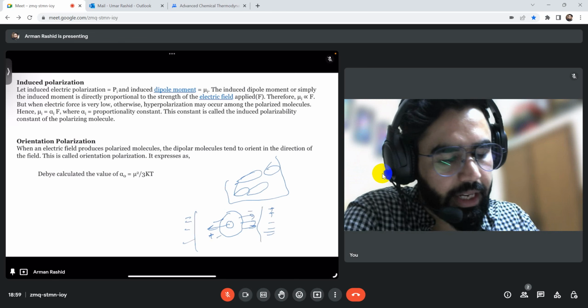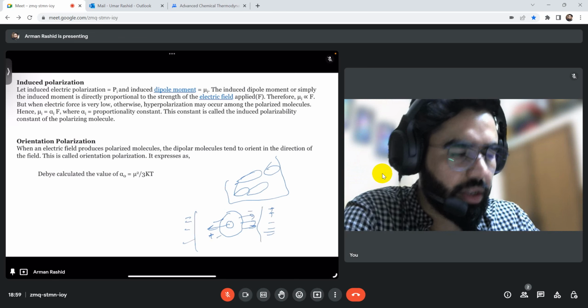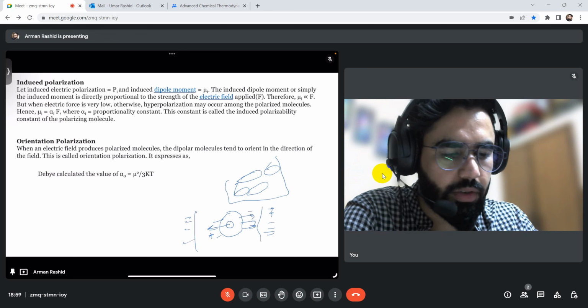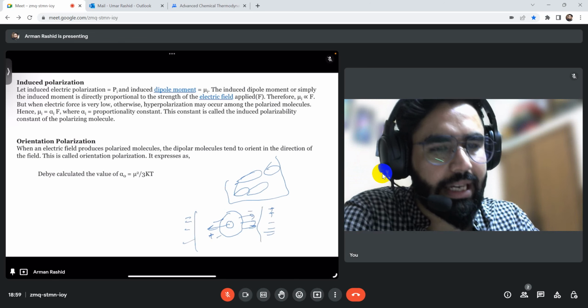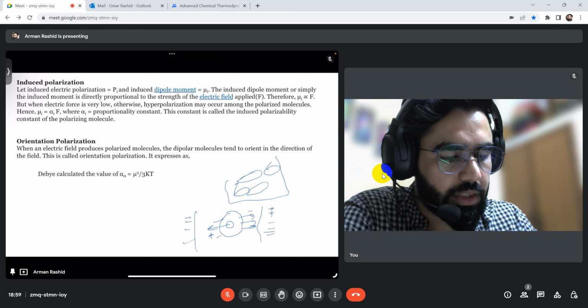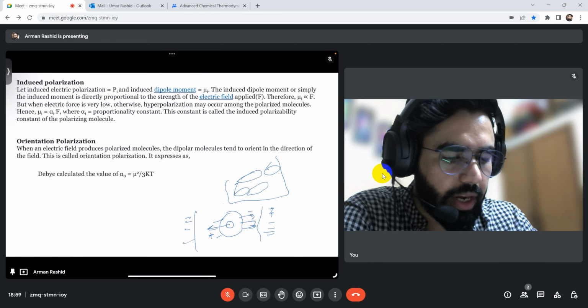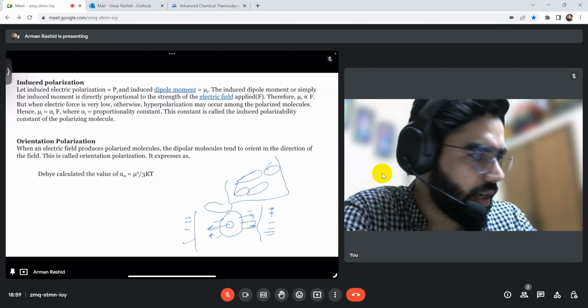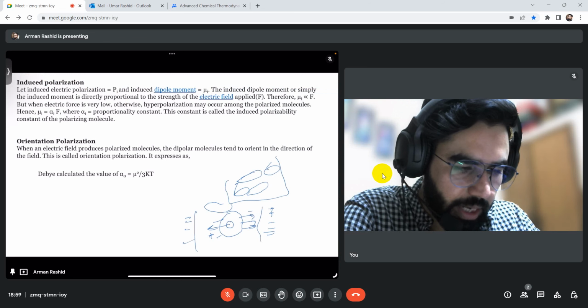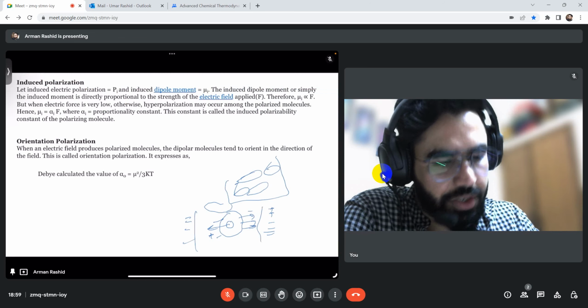But there can be orientation polarization only if a particular molecule or substance contains a dipole. Once we apply the electric field, these dipoles will orient themselves along the field. As a result, we get what is called the orientation dipole moment.